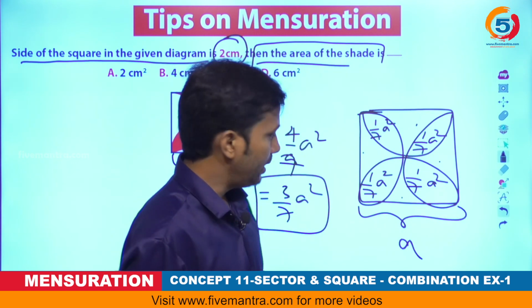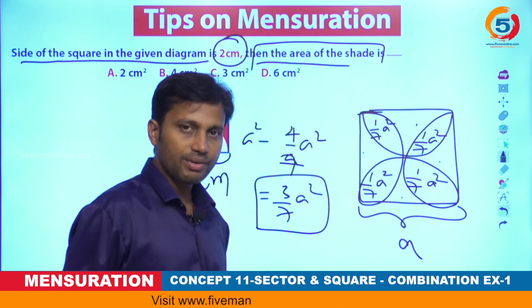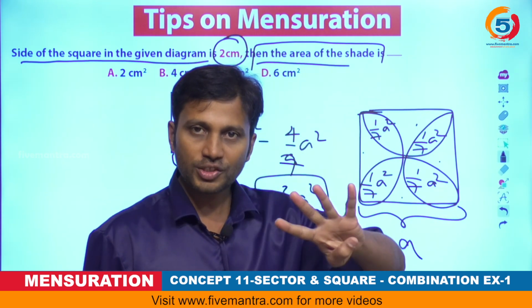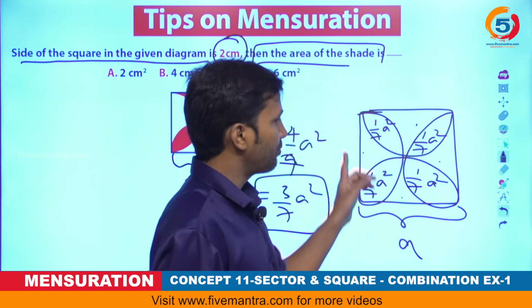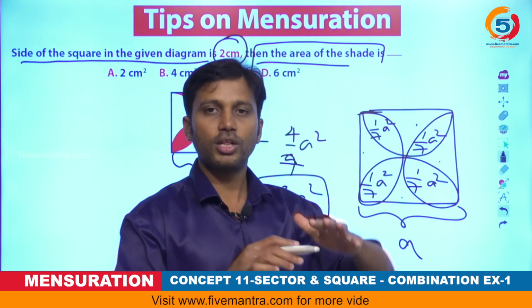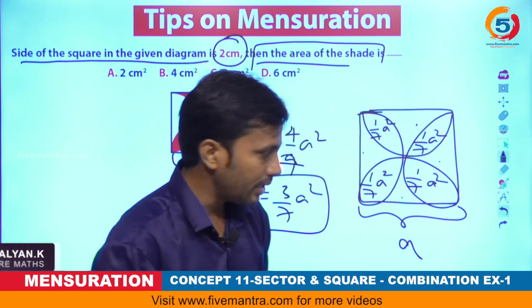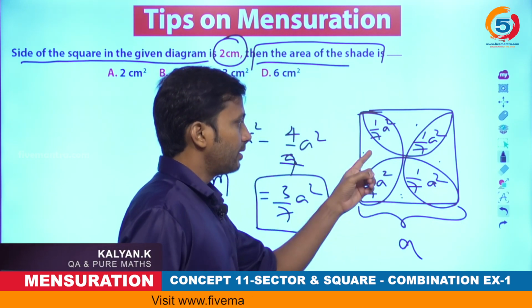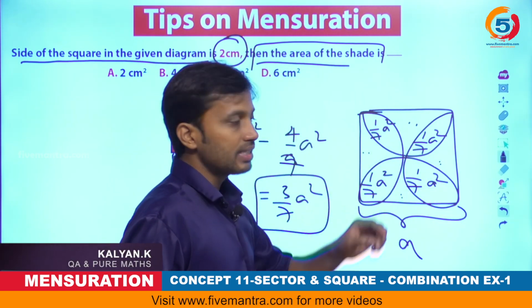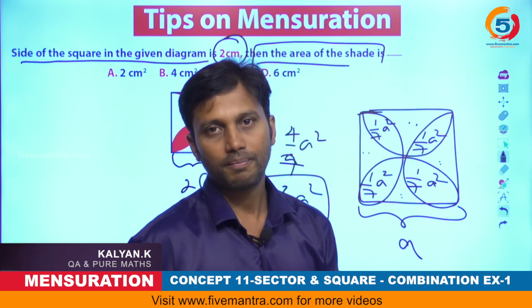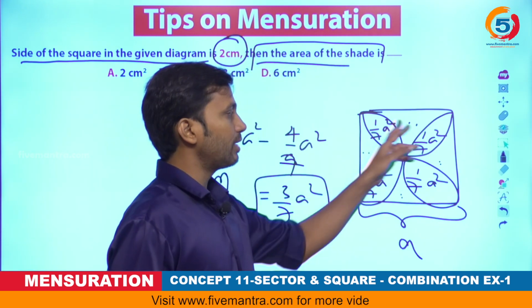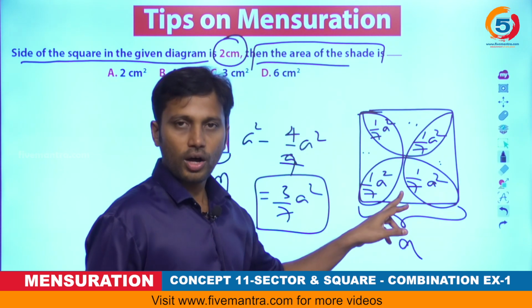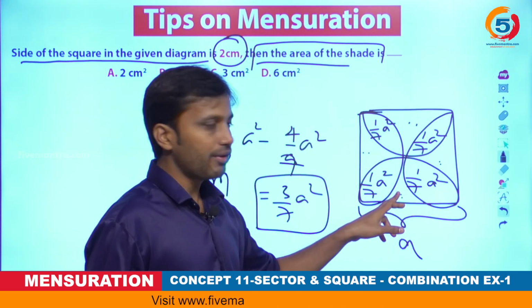Now tell me, is this 3/7 a² divided into 4 parts or not? And tell me, this figure is symmetric about all the sides. When it is symmetric, then definitely these sizes are equal. When those sizes are equal, this total area also is divided into 4 equal parts, isn't it?